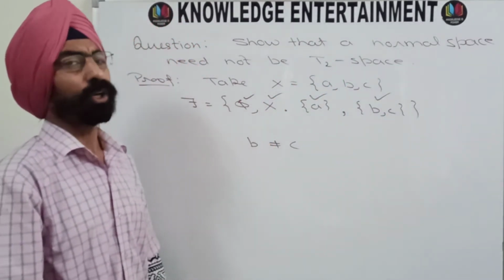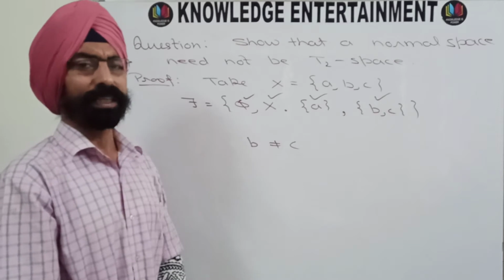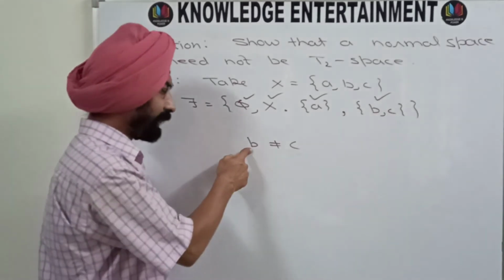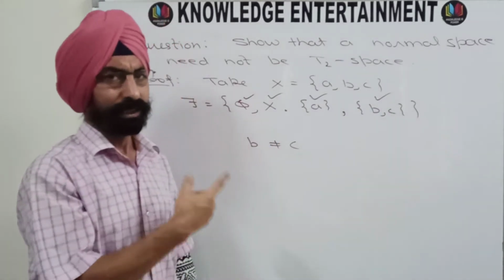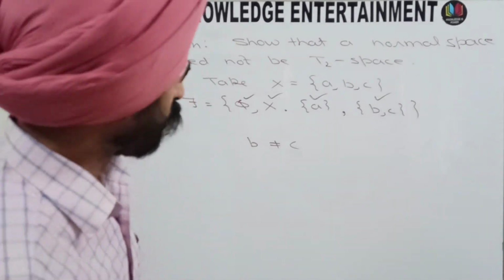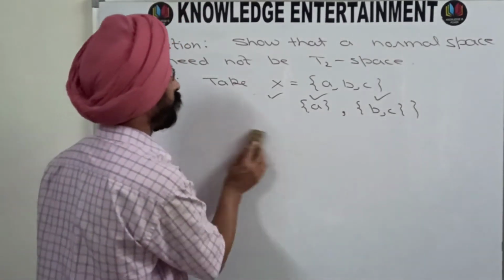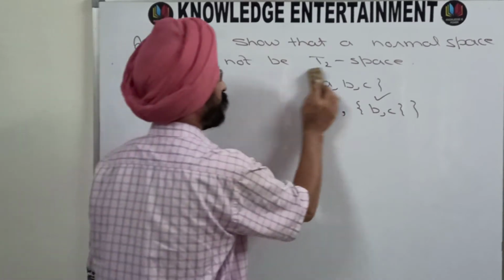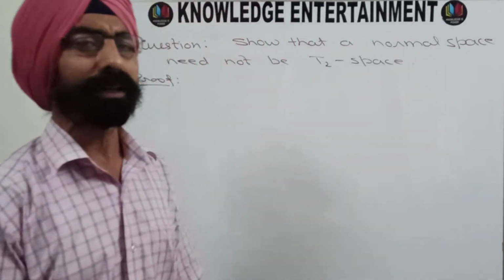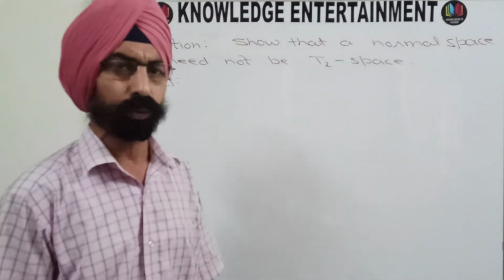So you are not having a pair of disjoint open sets, one containing B, other containing C. So the space is not Hausdorff. So this is an example of a topological space which is normal but is not T2.